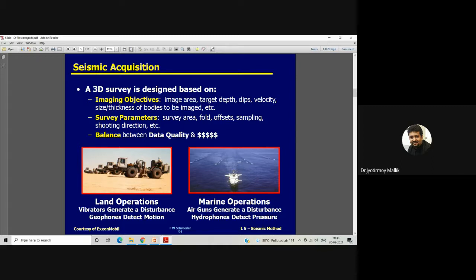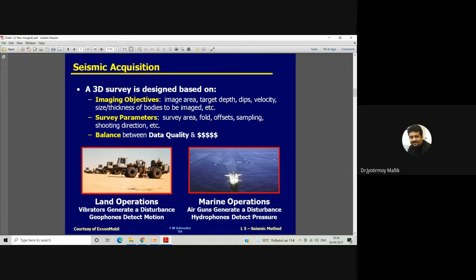Remember, these are called seismic vessels, and you can get a job on a seismic vessel. It's a very well paying job, and you can be there for 20 days and then 20 days leave. You come back home and spend life with your family, no work. Then again go back after 20 days, acquire some seismic, and then come back again for 20 days. They pay very handsomely, especially in the Middle East.